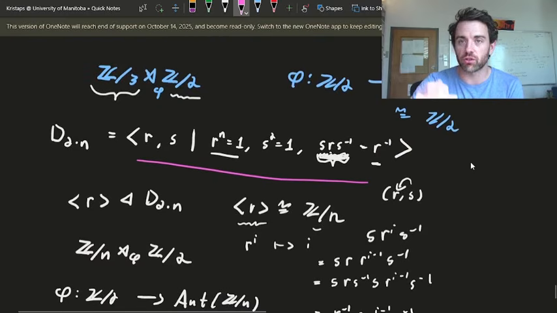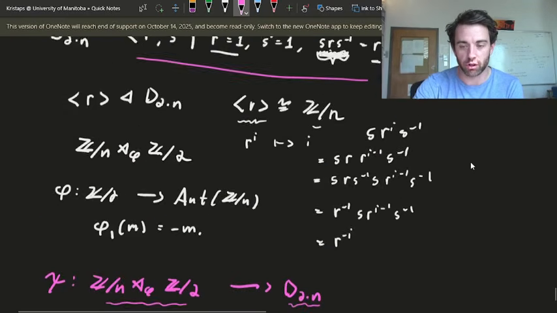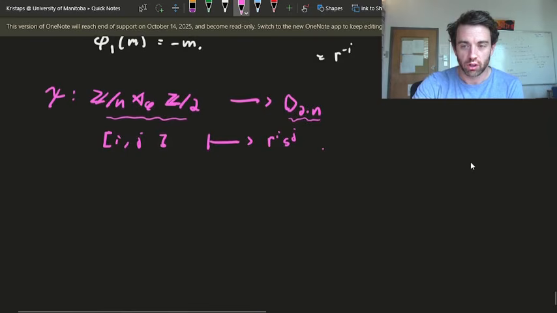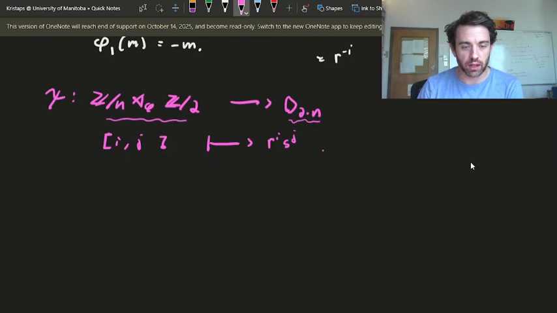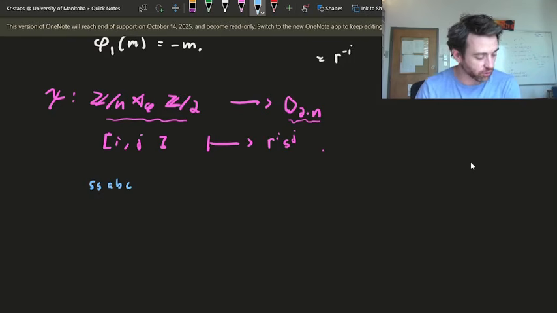So everything is just some word in powers of r and powers of s. Let's suppose first that I had, let's say, 2 s's on the left, and then a, b, c are just some combination of r's and s's. And then it goes on.